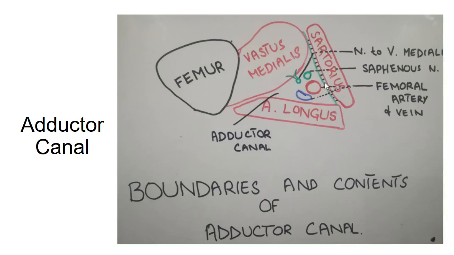It lies deep to the sartorius, spanning between these two muscles. This is why this canal is also known as the subsartorial or Hunter's canal. Femoral vessels pass deep to this fascia as they traverse the adductor canal.